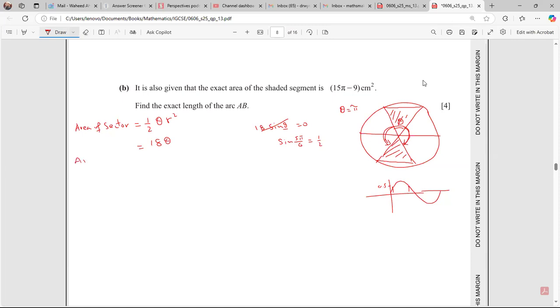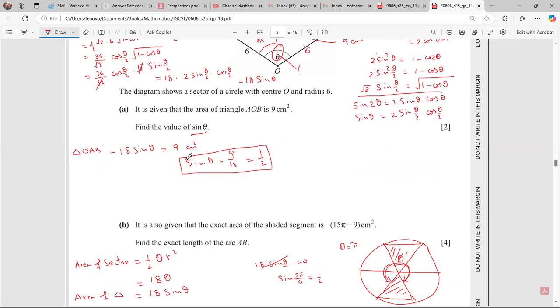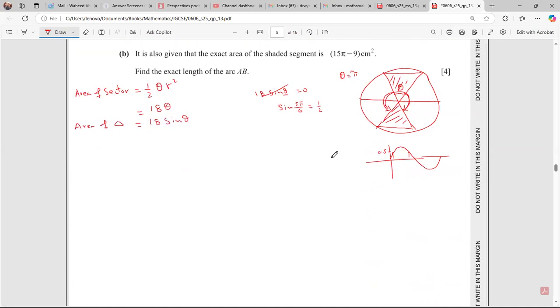And the area of the triangle, we know it is 18 into sine theta. Remember, we found this in the previous part. So the area of the shaded region is the sector area, which is 18 theta, minus 18 sine theta, and this is known to be 15 pi minus 9.